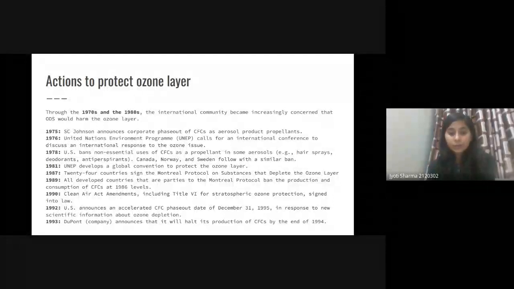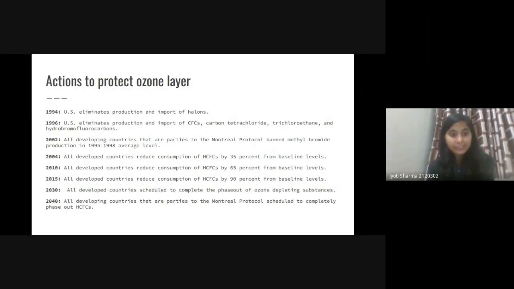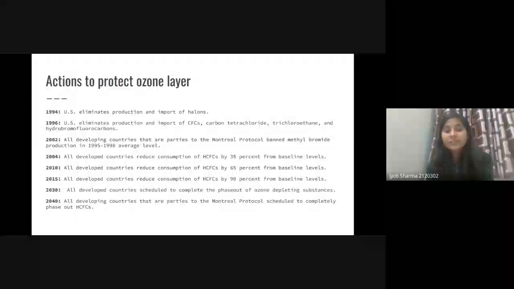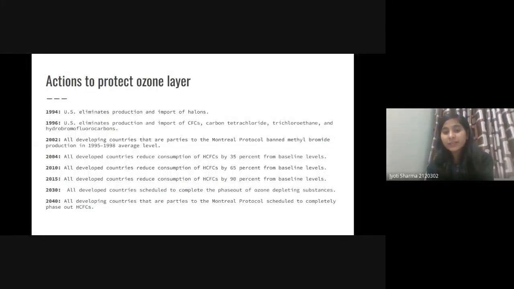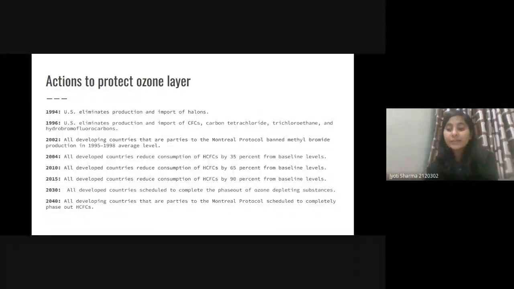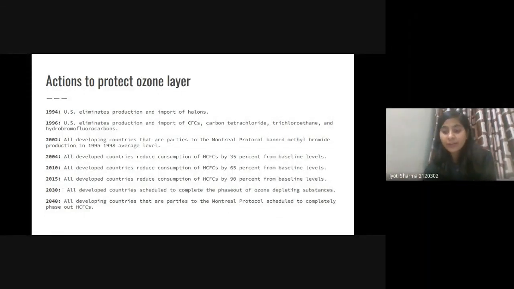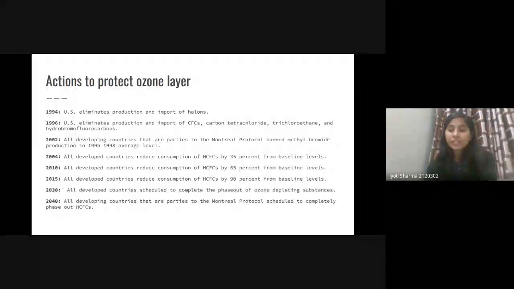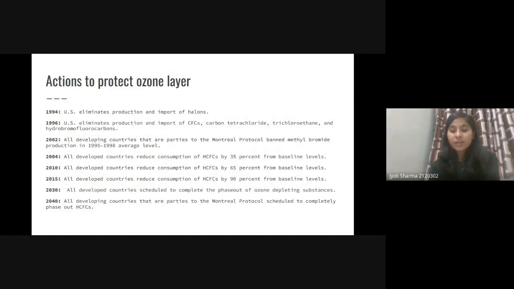For example, here we can see from 2004 to 2010 to 2015, HCFCs have been reduced by 35%, then 65%, then 90%, and we are expecting that HCFCs will be removed completely by 2040. So these were the amendments, and step by step we are trying to recover our ozone layer so that ultraviolet radiation can't reach the surface of the earth, right?